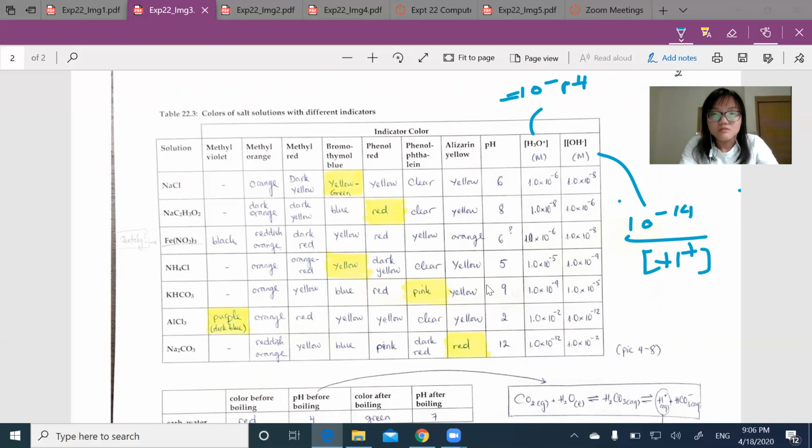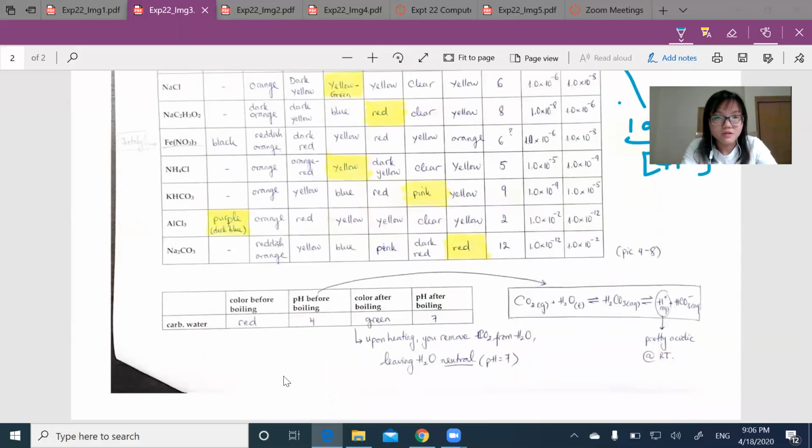Yep. So I made a table if you guys want to compare. And then this one is a small table for the carbonated water. So Roger was able to show you the color of the two solutions of carbonated water. When it's completely at room temperature, you know that carbon dioxide, oxygen, nitrogen, any kind of gas would be solubilized in water.